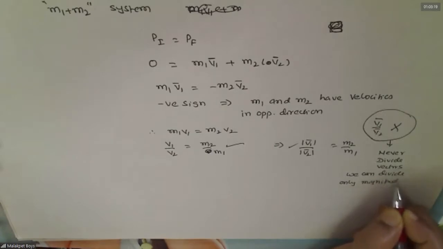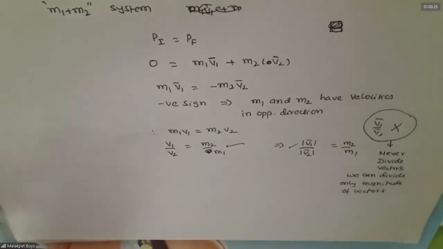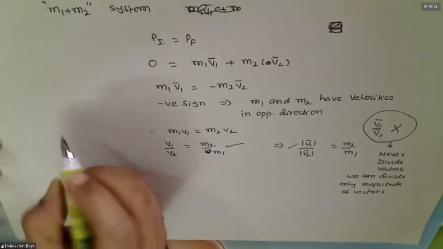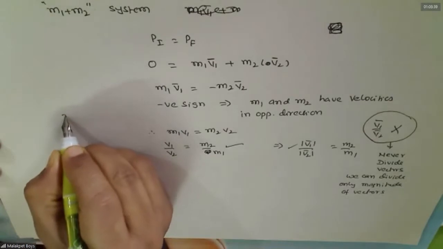Magnitudes of the vector. Understood this? Yes, sir. Ratio of acceleration.